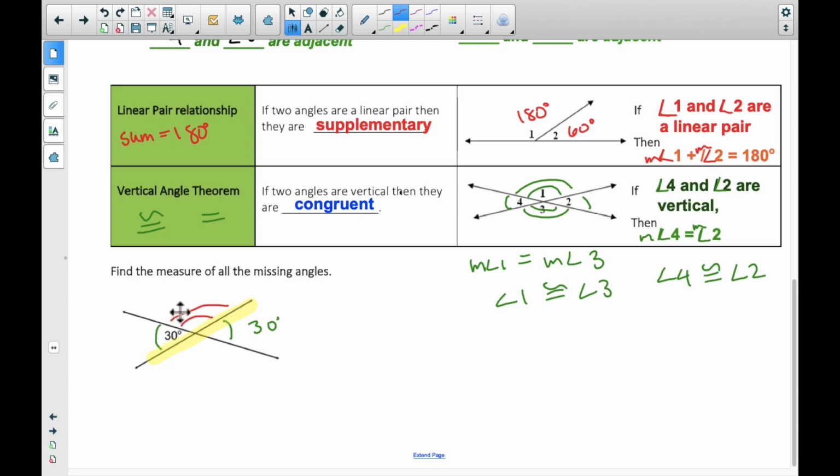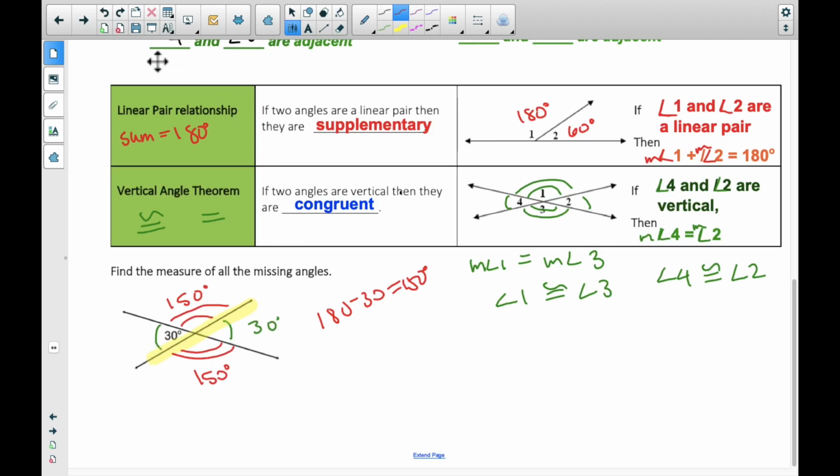If it makes a straight line, it has to add up to 180. And so 180 minus 30 is 150. So that's how I got that one. And if that's 150, this one's a vertical angle with it, so it's also 150. So this is 150 and 30, this is 30 and 150, this is 150 and 30. All of those are linear pairs together, and these are vertical and these are vertical.